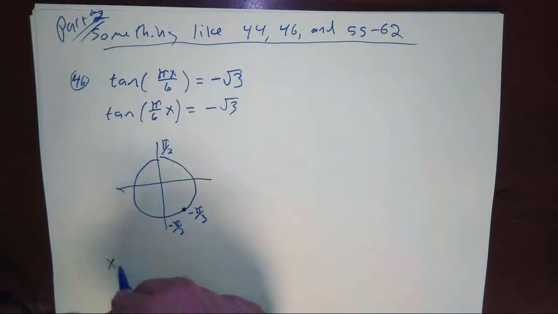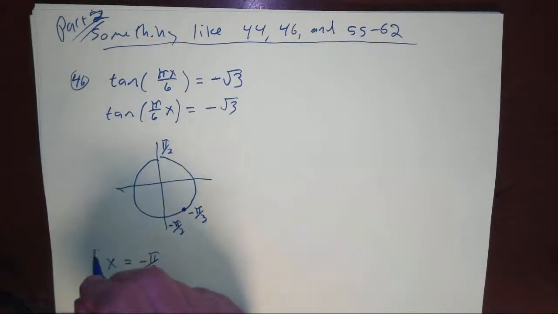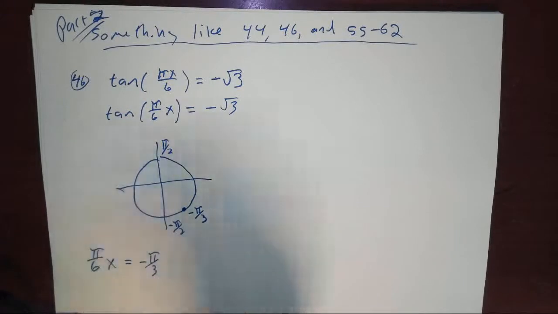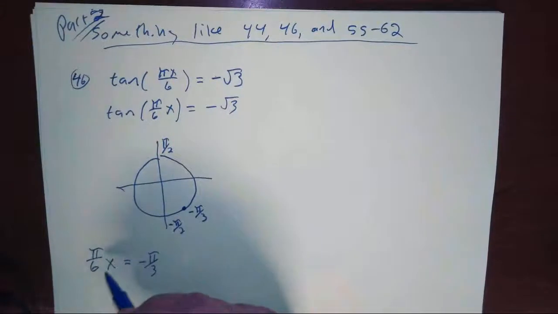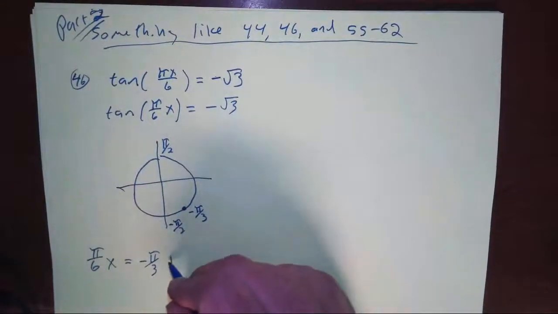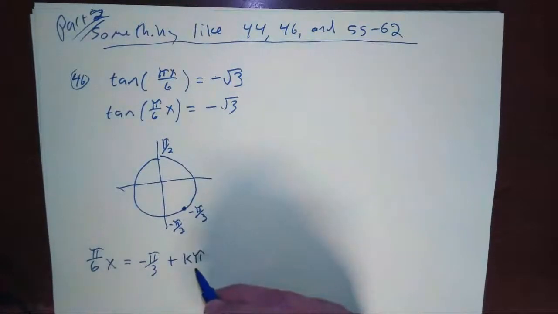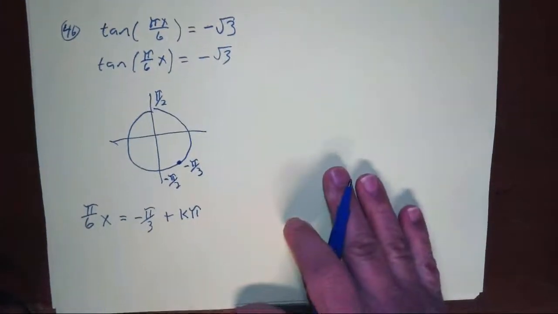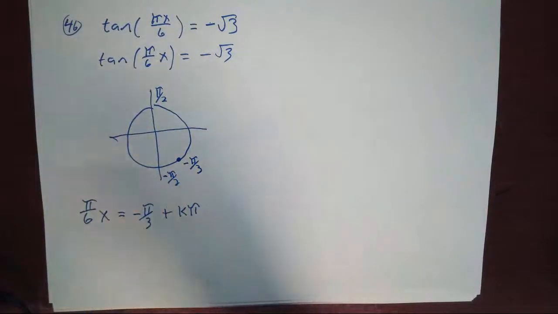And so now, if you remember, tangent repeats every pi rotation, so you only need one angle for tangent. So it would be like x equal to negative pi over 3, except this isn't just x. It's pi over 6 times x, because that's what's inside. So this has to equal this angle plus all of these multiples of pi. And now you're going to solve for the x.